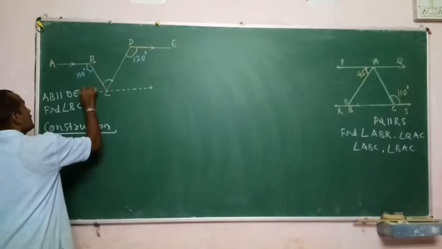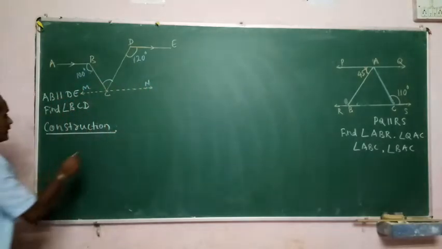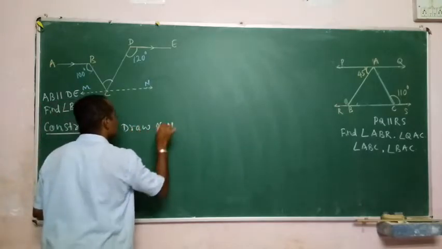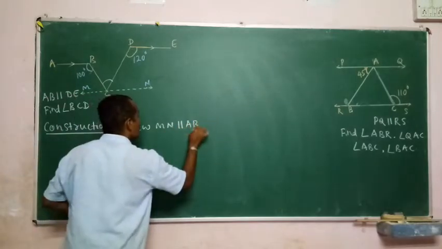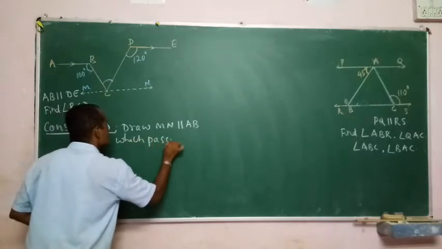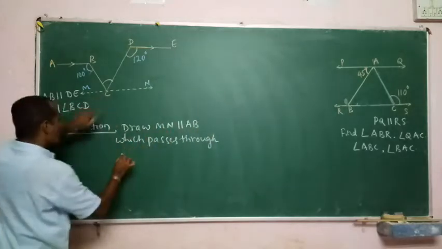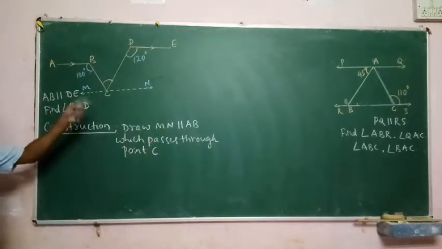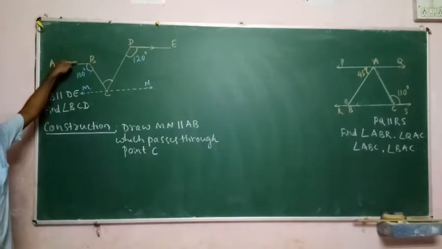The construction: draw MN parallel to AB which passes through point C. That means this line should pass through point C as well as be parallel to AB.